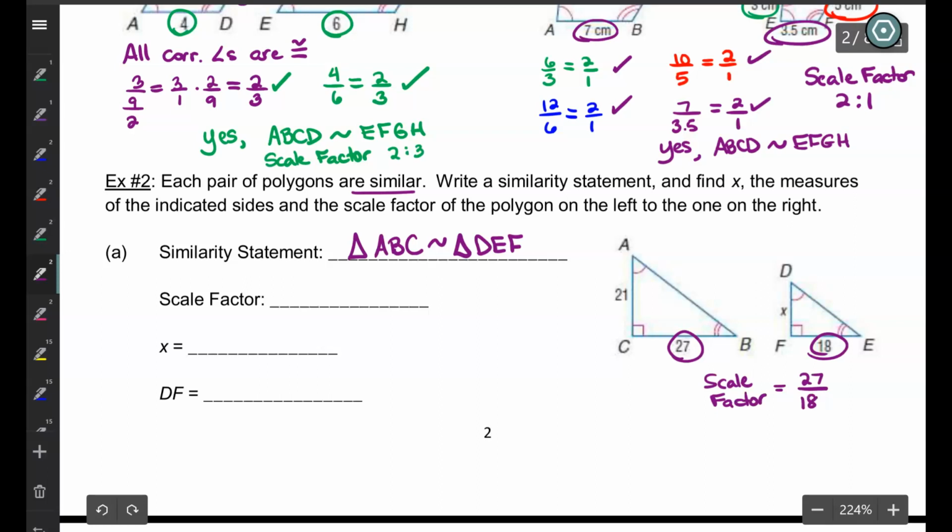Notice I said write the scale factor of the polygon on the left to the one on the right. So that's why I did 27/18. And when we simplify that, we're going to get 3/2. So 3/2 or 3:2.